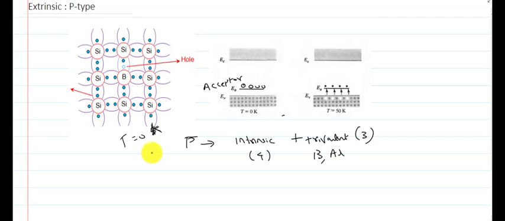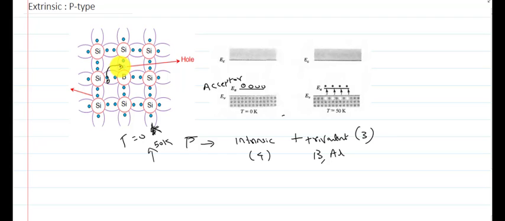And if we increase the temperature to 50 Kelvin, we can see some bonds will break in the structure, and this electron will move towards the vacancy or the deficiency, and we can see a hole will be created in this spacing. So actually we can see that the hole is moving.